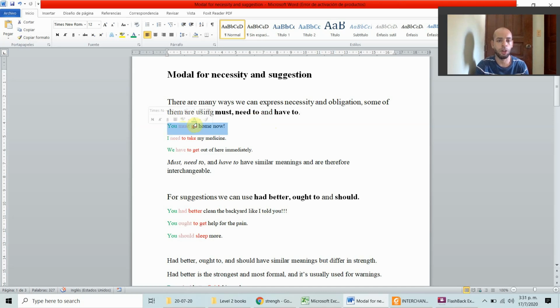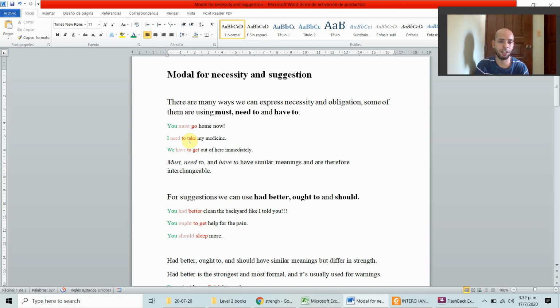For example, you must go home now. It's like expressing an obligation, forcing the person to do something. You must go home now. I need to take my medicine. So this can be interpreted as a necessity or an obligation or both. I need to take my medicine.